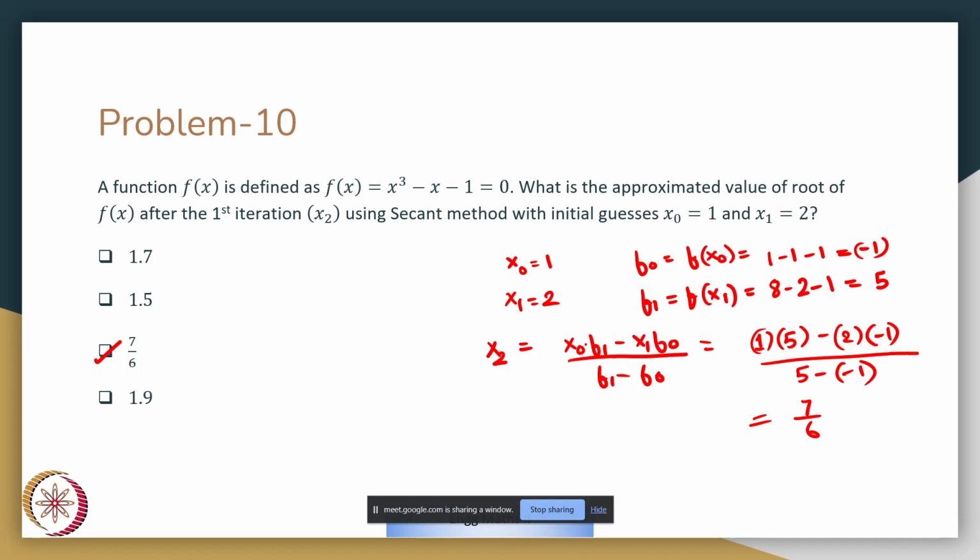So these are all the problems that I had for this week. We have covered examples for all four root finding methods, which are bisection, fixed point, Newton-Raphson, and second method. We also looked at one problem for a direct method while solving a linear system.